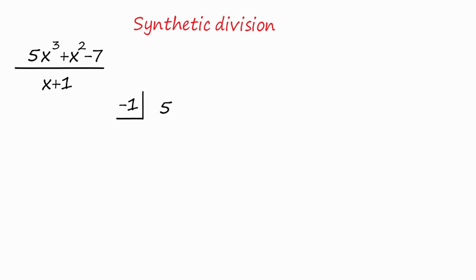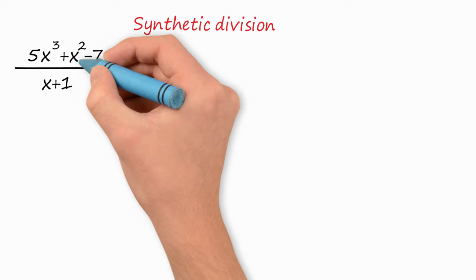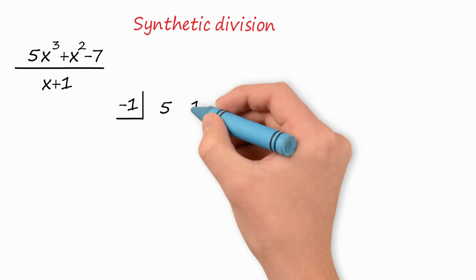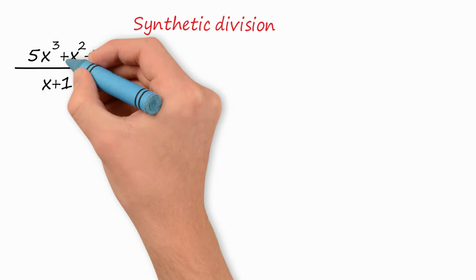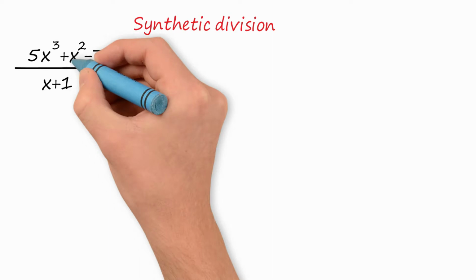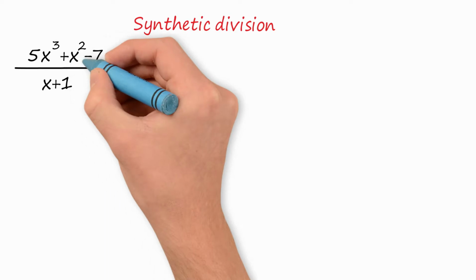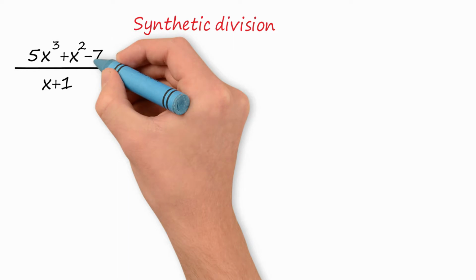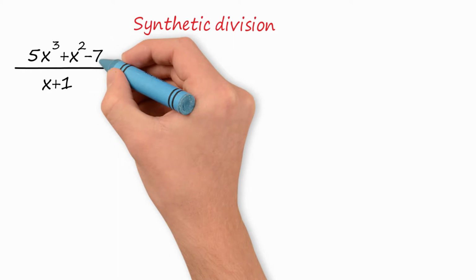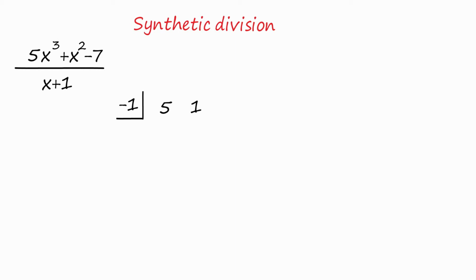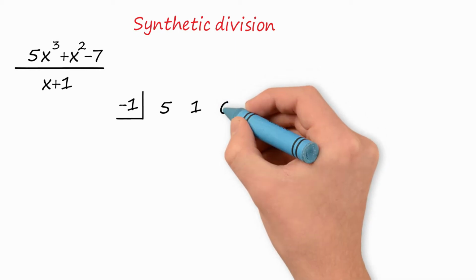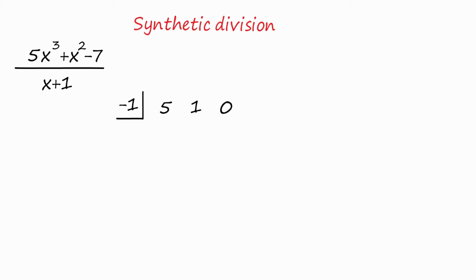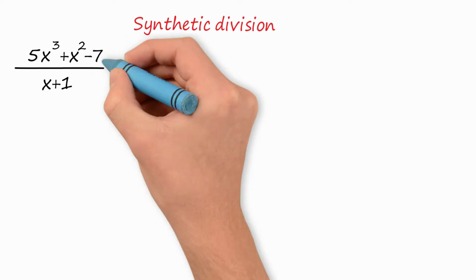Then I am going to put the second coefficient, in front of the x squared, 1. Notice how we skip from an x squared to a constant and there is no x term. Because there is no x term, I'm going to put a 0 as my next coefficient. Last coefficient is negative 7.